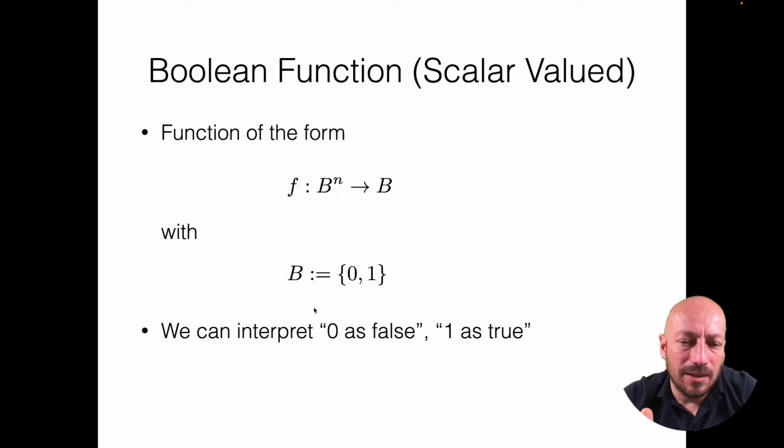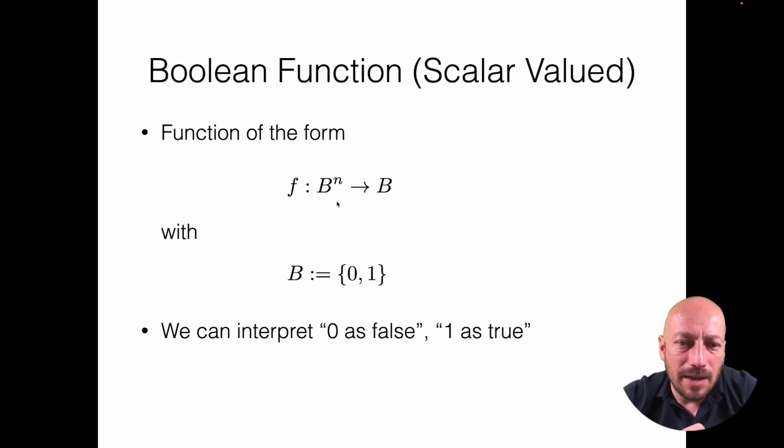For example, 0 could be interpreted as false and 1 as true, or 0 could mean we are measuring a voltage between 2 points close enough to 0, and 1 could mean that we are measuring voltage close enough to 9. Different ways how to interpret this when we relate it to problems in the real world.